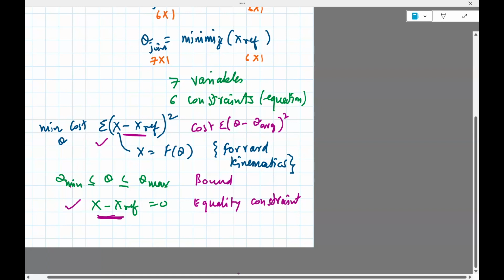You don't want the angles to be too much to the extreme position of the joint. So they'll specify this cost and then this constraint, and you're done. Or if you want to have redundancy, you could do that. Either of these works. Here's another way of doing it: you could put this cost and this constraint, and that will work too. There are really many ways to put the cost, and eventually you want to do something which will help you.